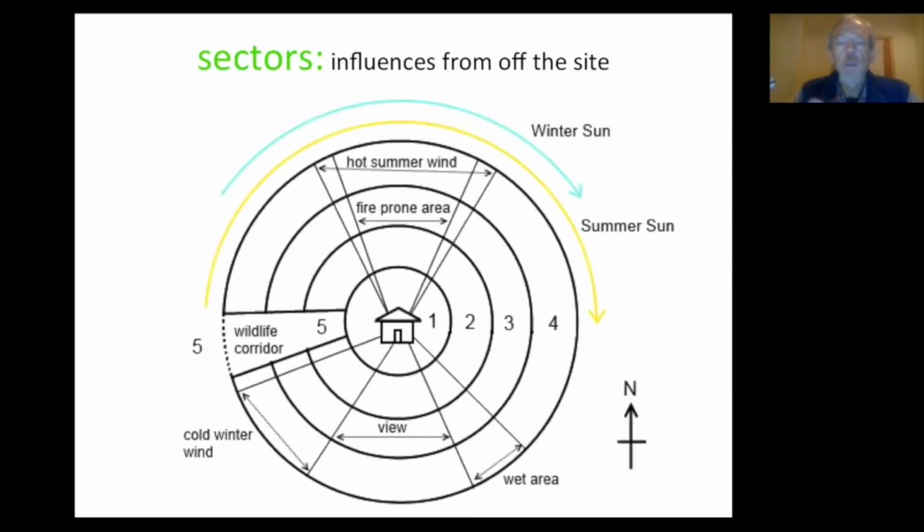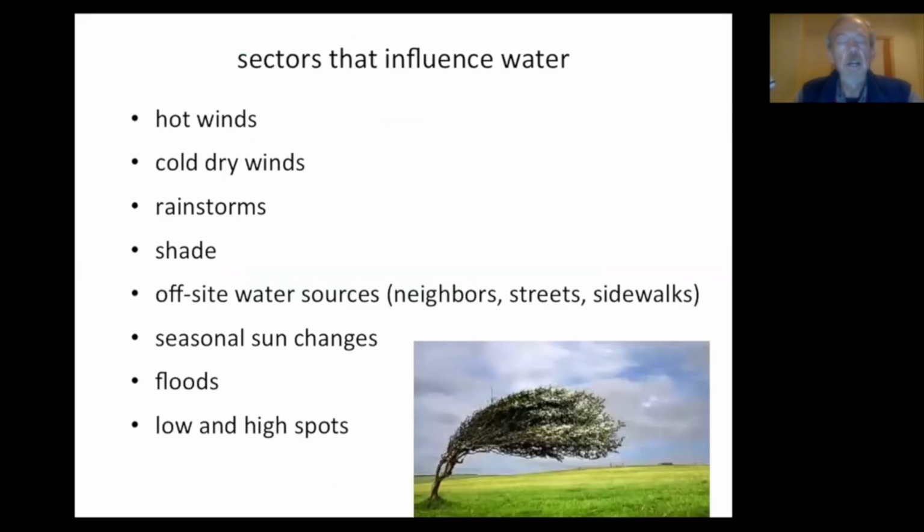And so, we can think of water use in terms of sectors as well. Just again, these influences that come from off the site. And sectors that influence water then would be like, where do the hot winds come from? In the wintertime, something that a lot of people don't think about, but if you're in a high desert climate like New Mexico or parts of Arizona, you can get really cold, really dry winds that desiccate plants in the wintertime.